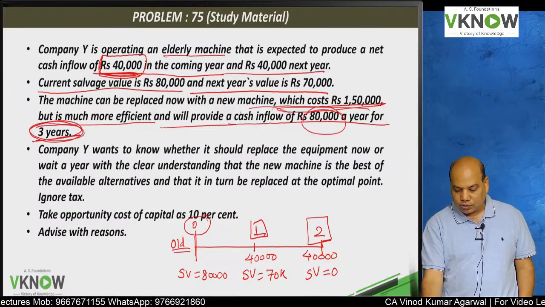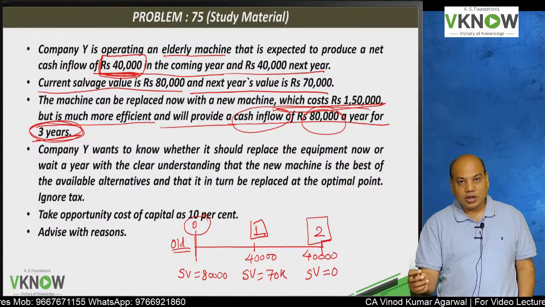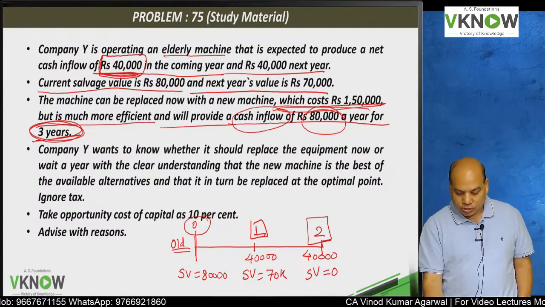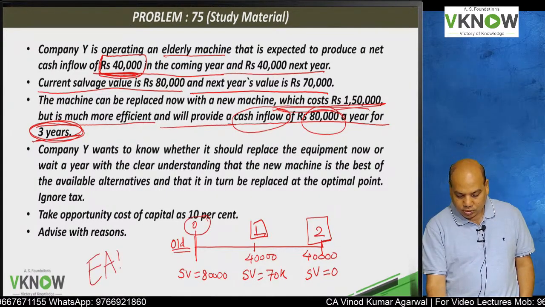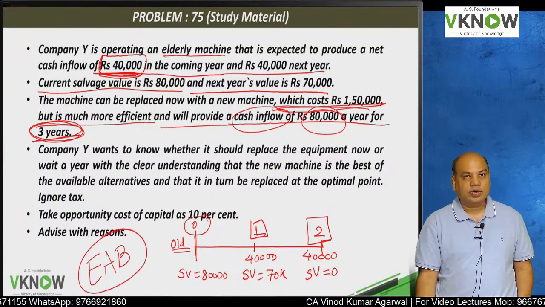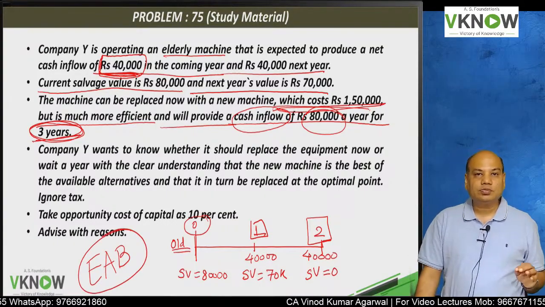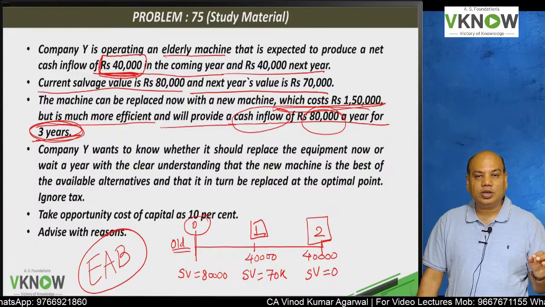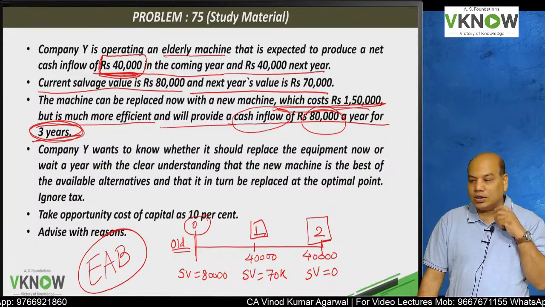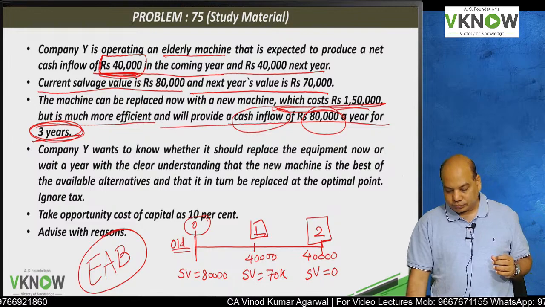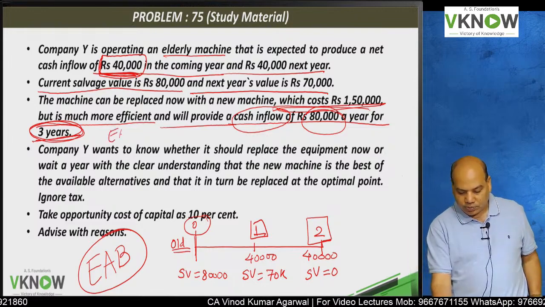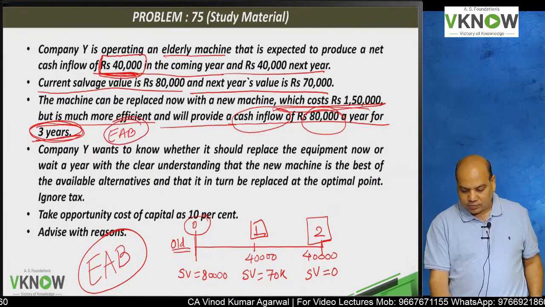The annual cash inflow is given. In this question we have to maximize EAB, not minimize. So that is a difference. So I will compute the EAB of the new machine.